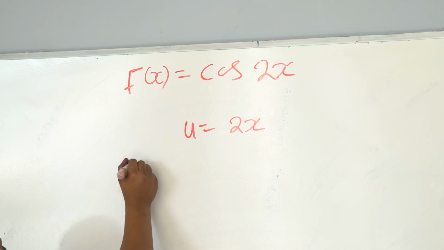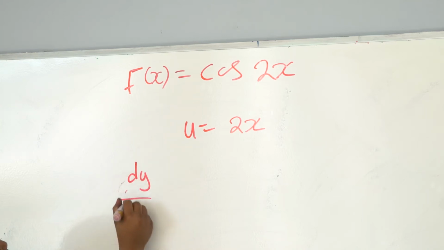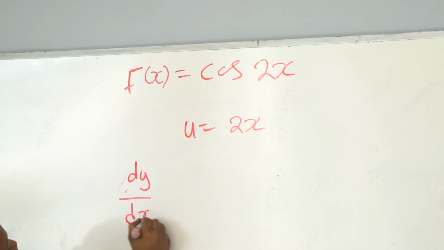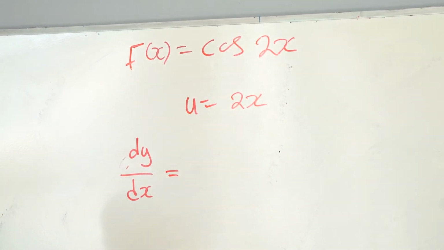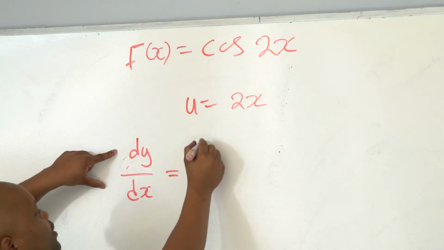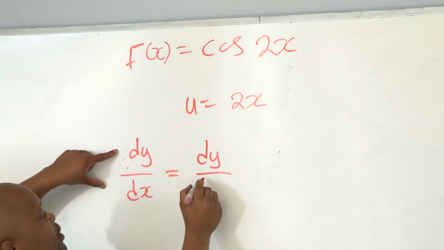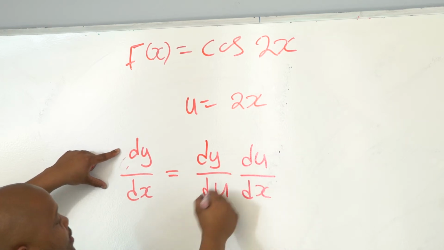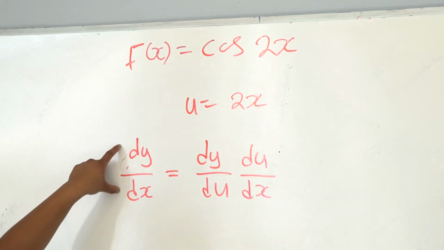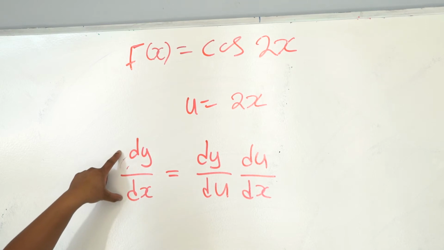The derivative of y in terms of x, you can rewrite by multiplying by du over du, which is 1, right? If you rewrite that, it becomes dy over du times du over dx. When they cancel, it still takes you back to this here. Okay, sharp.